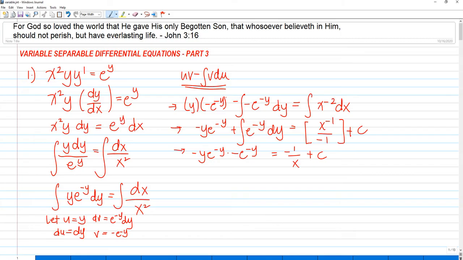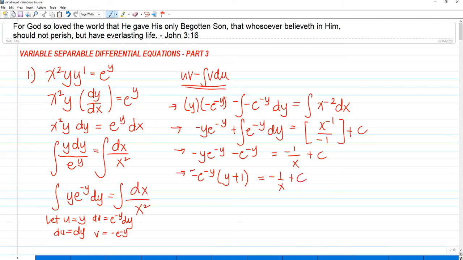So I can factor out the negative sign here on our left side. So we have negative e raised to negative y, that would be y plus 1, equals negative 1 over x plus c.